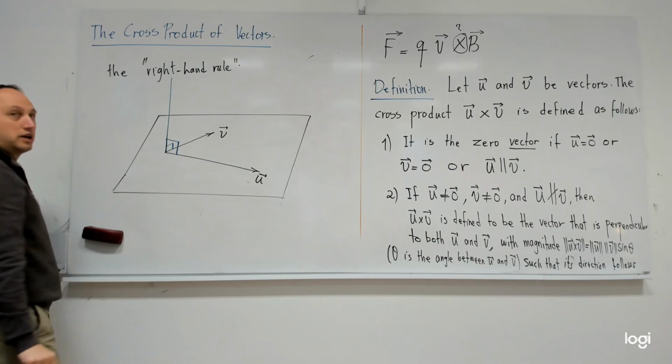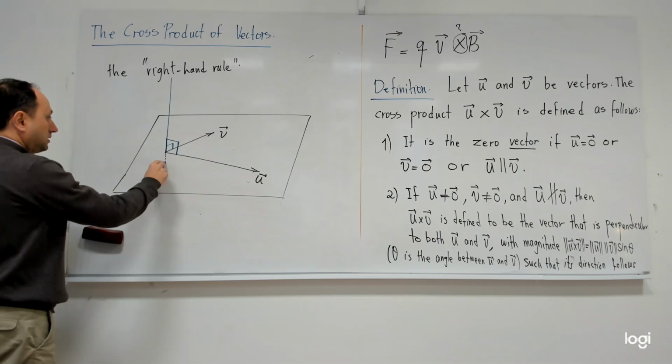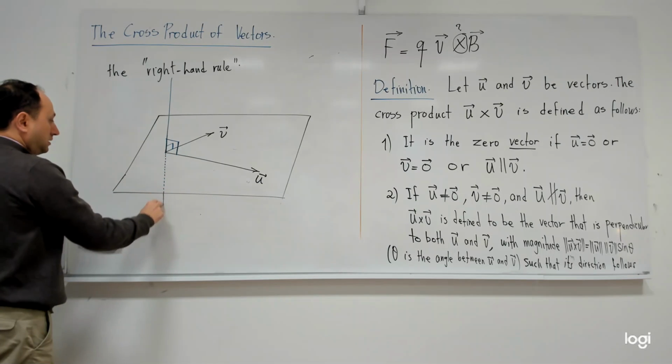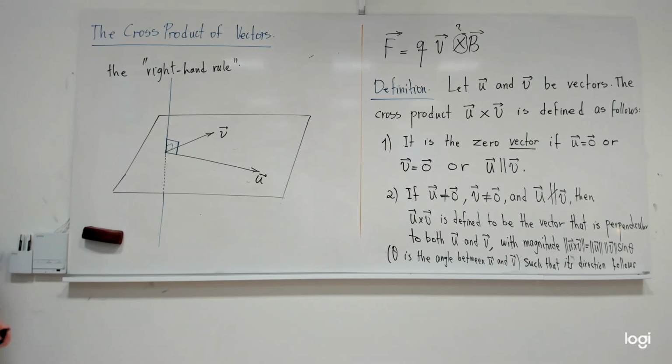Can you imagine that? So that is perpendicular to both of them, okay? If I want to be more precise, I have to draw a dotted line, that's behind the other one. And so that would be the direction of u cross v, a direction which is perpendicular to both of them.